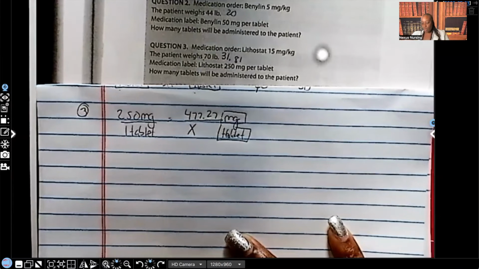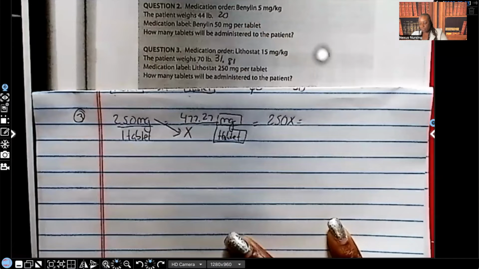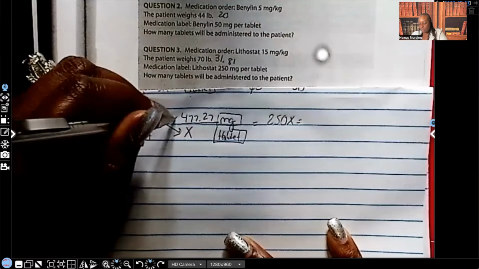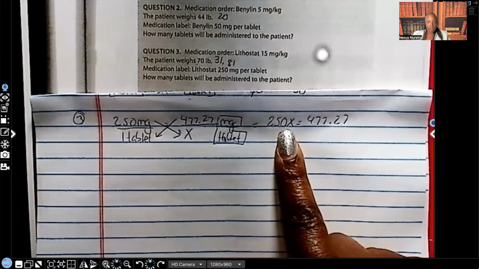Now we can cross multiply. 250 times X is equal to 250X. 477.27 times 1 is 477.27. Now I got to get X by itself. How do I get X by itself? Divide by both sides. Divide by 250.